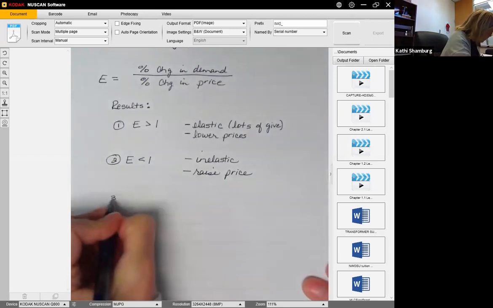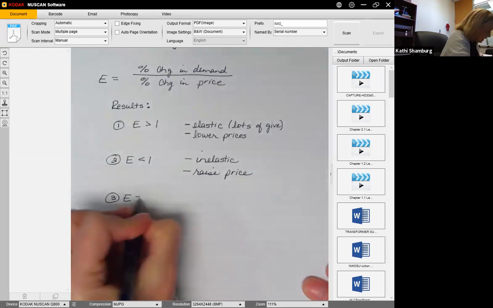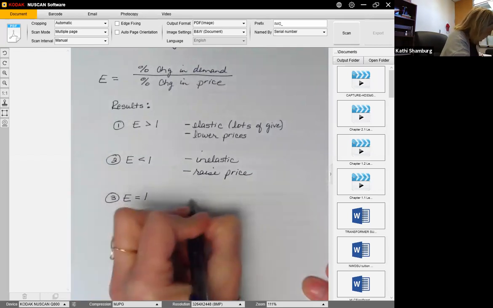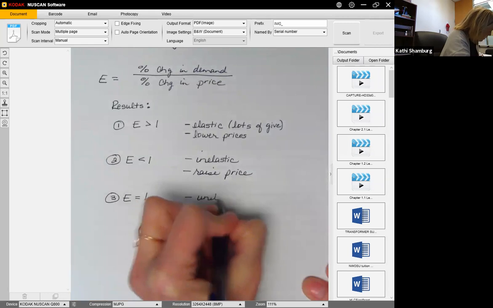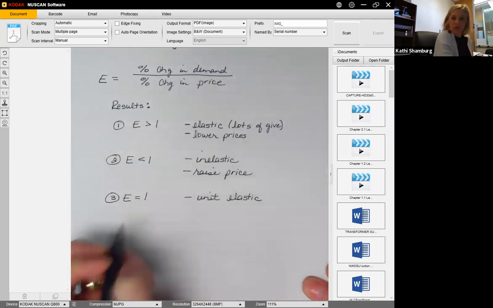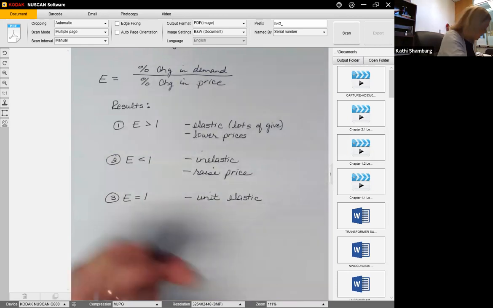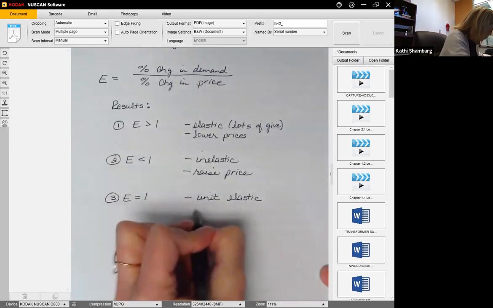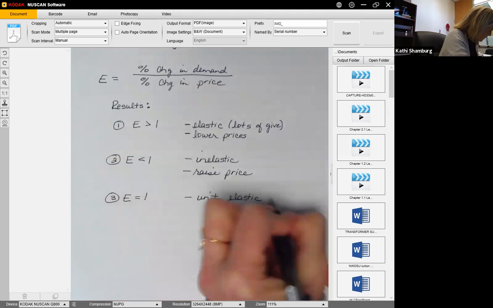And then the third one is when E is equal to 1, and this is what we call unit elastic, which means we're right where we need to be. This is kind of your sweet spot.